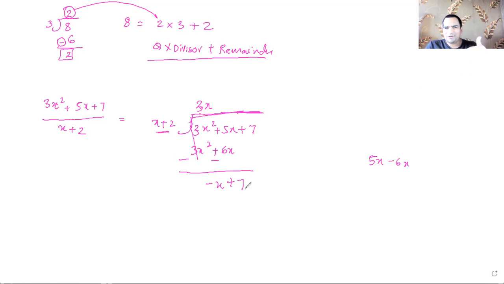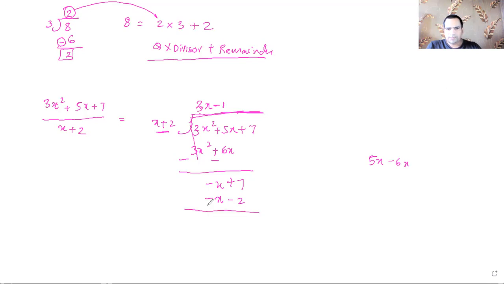Now once again our next objective is to strike out this negative x, and I have x out here. So if I take the quotient as -1, I get exactly the same variables as this. If I multiply this -1 with x plus 2, I get negative x, -2.